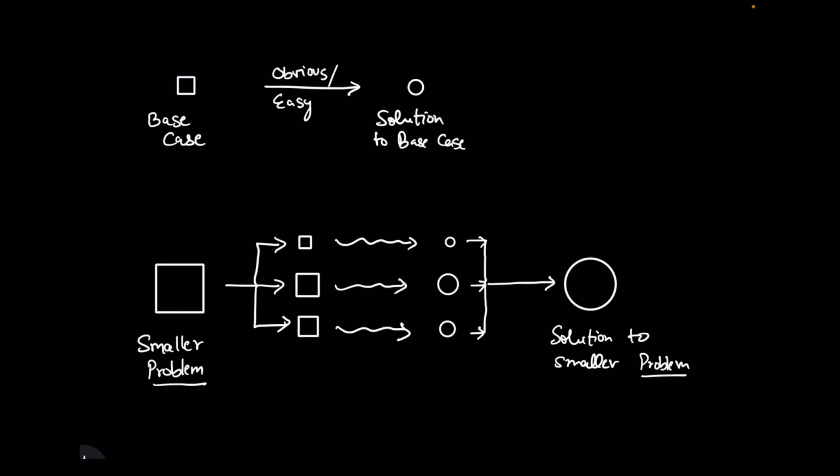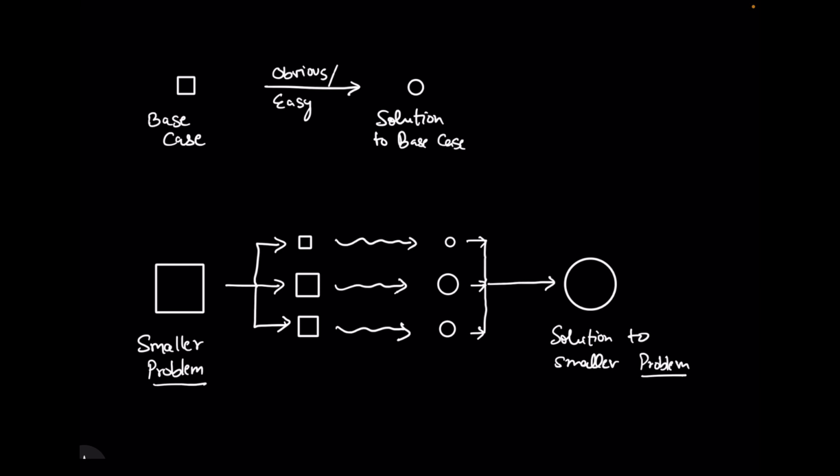Eventually, each of these sub-problems is boiled down slowly to a base case, right? And you can have multiple base cases too. But eventually you keep breaking down the problem into smaller and smaller problems until you reach a base case. When you reach a base case, you have an easy or obvious way to find the solution to that base case, and that's your solution to that sub-problem.